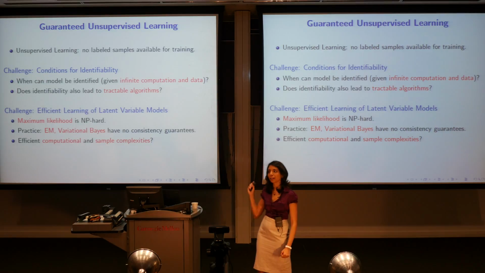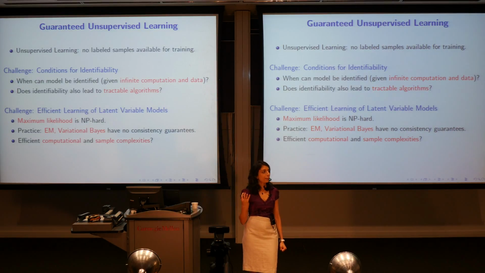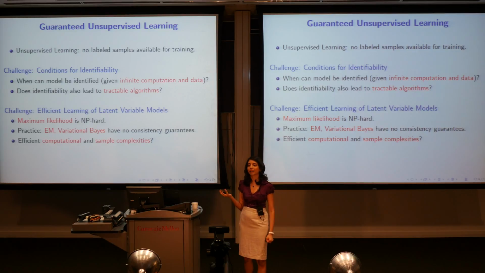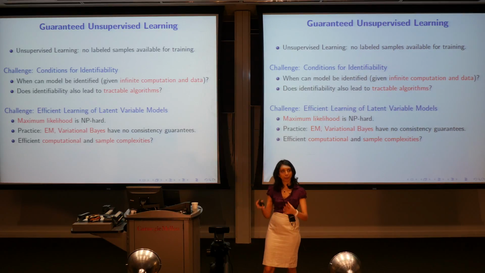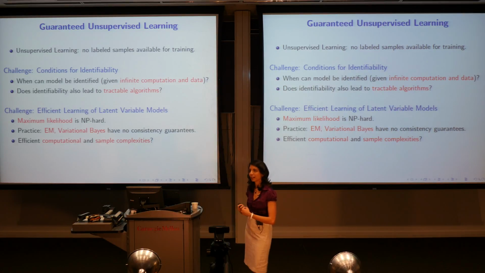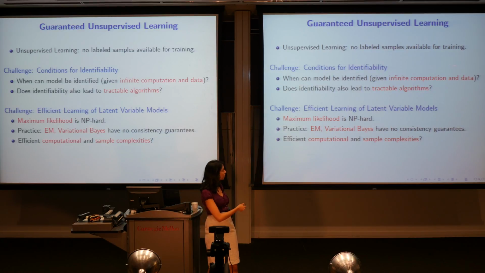And we saw that there were many challenges when it came to learning latent variable models. The basic statistical challenge was to ask about identifiability questions. When can I hope to identify the parameters? What is the equivalence class of models that can be learned? But usually, like in statistics, you don't worry about the computational complexity.